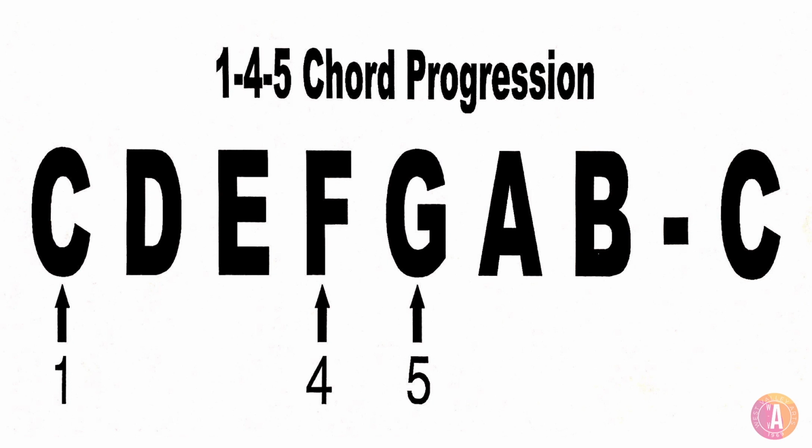Okay, fine. Now, the 5th interval would be a G. Those are the 3 chords that we're going to use to create our song. So, Shannon, C, F, G. You'll hear those same chord progressions in a million songs.